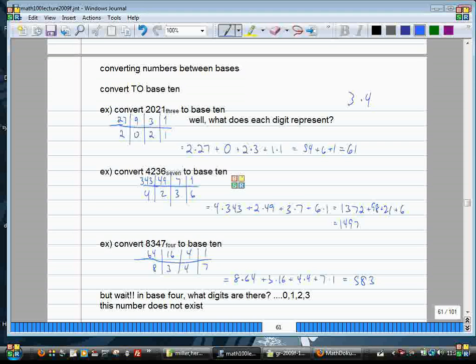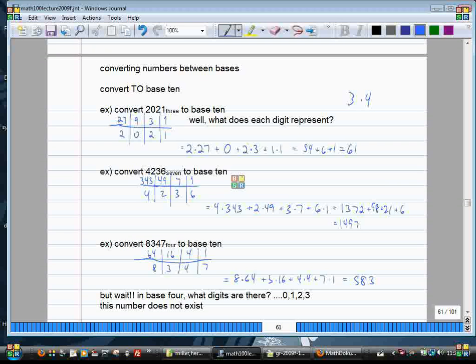So right now, all I'm asking you to do is convert numbers between some other base and base 10. I'm not asking you to do the fancy stuff. So when I say we've got the number 4,236, but it's in base 7, what is it converted to base 10? The only way we really know how to count and do arithmetic is in base 10.